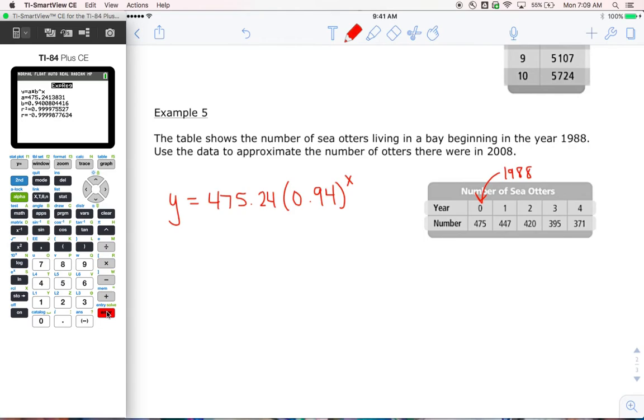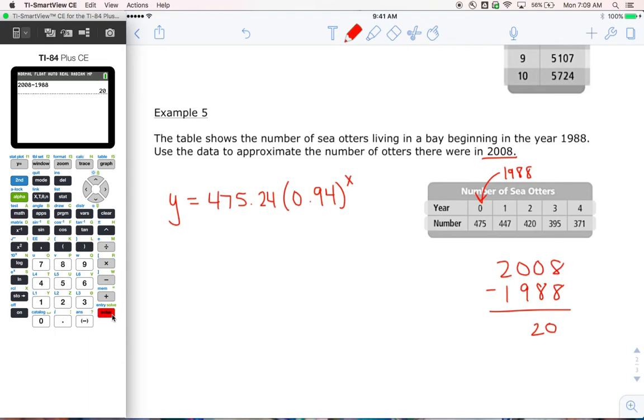All right, so this is asking us how many otters there were in 2008. Well, 2008 minus 1988. All right, this is going to give us 20 years, right? And if you want to do that math in your calculator, feel free. You type it in just the years, just like they are. So minus 1988, and we've got 20 years.